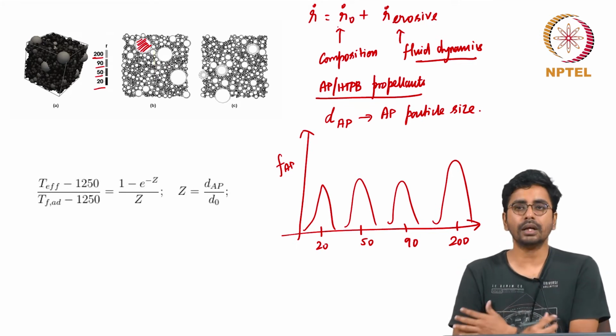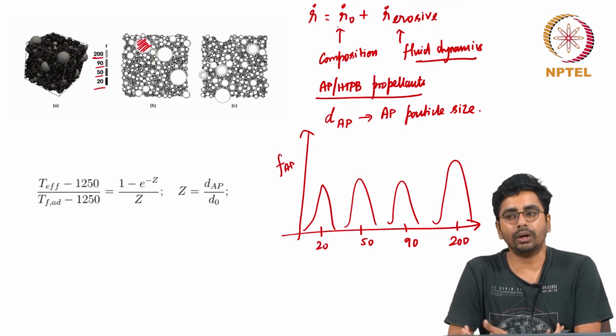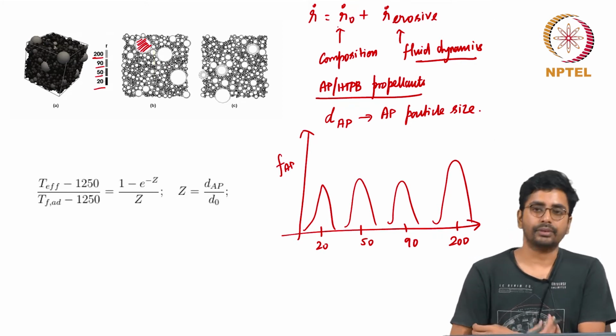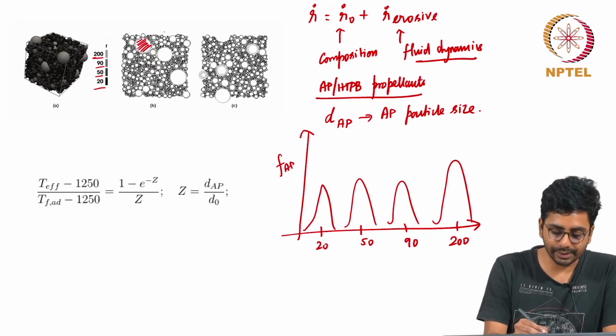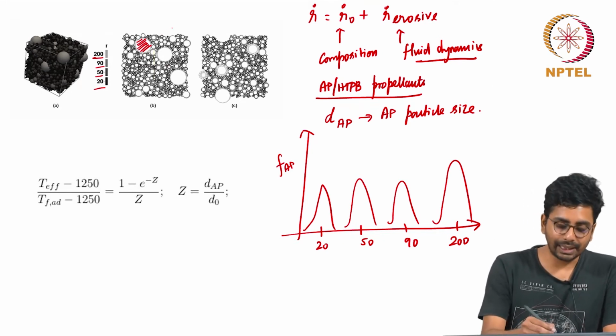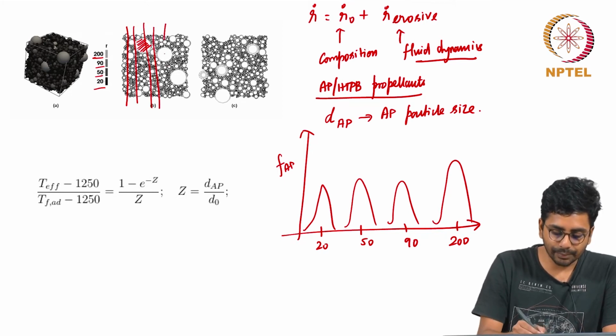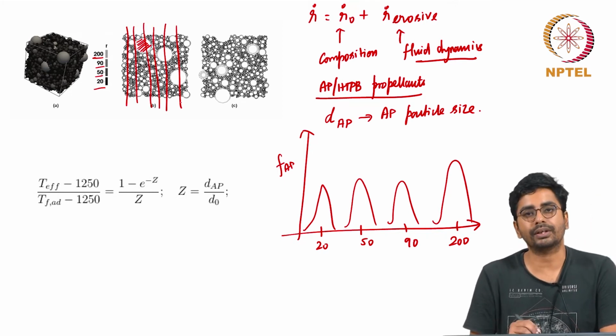And how do we calculate at what rate this propellant will burn when it has particles of different sizes? The simple idea that was introduced is that the burn rate is nothing but the average burn rate of a large number of random lines drawn through a cross section like this.